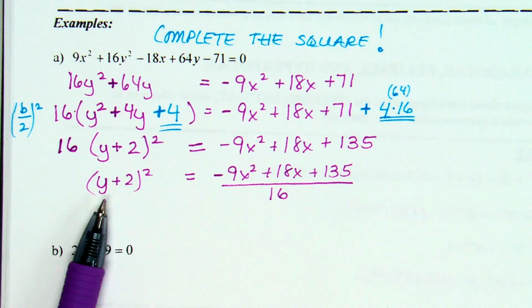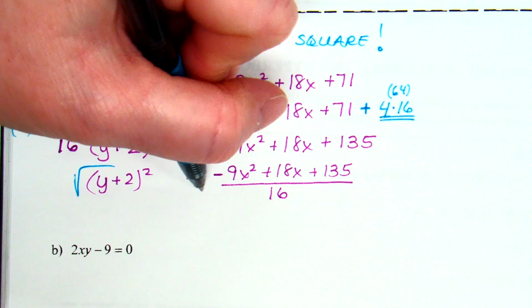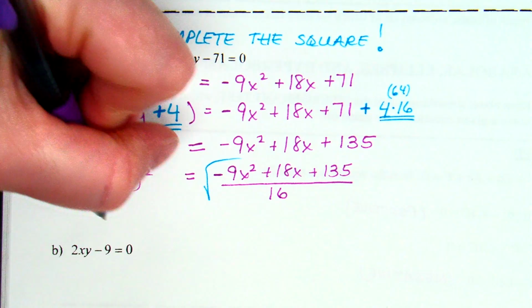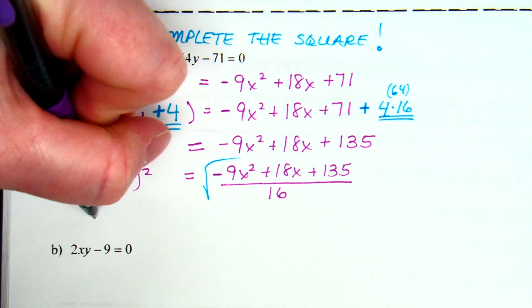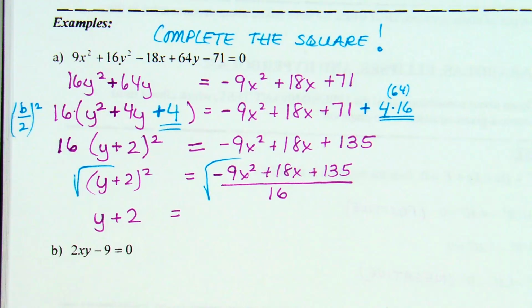Okay. If it's y plus 2 quantity squared, we want to remove that square, so we're going to square root. If you square root the left, square root the right. So now I have y plus 2. What happens when I take the square root on the right?